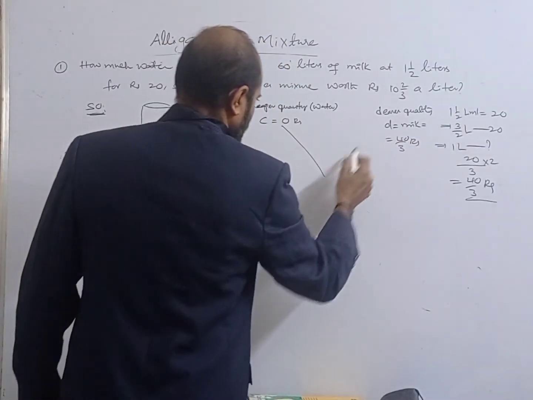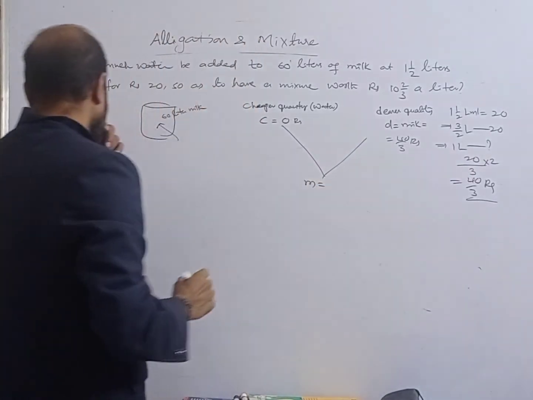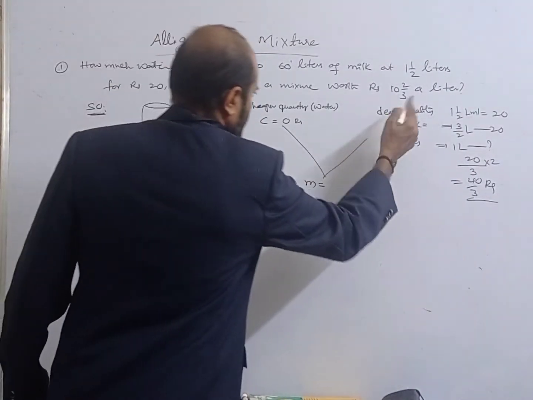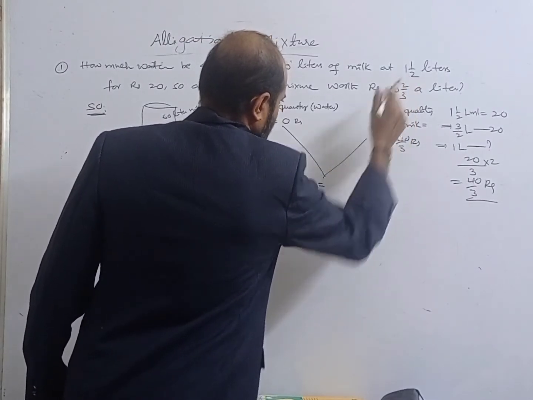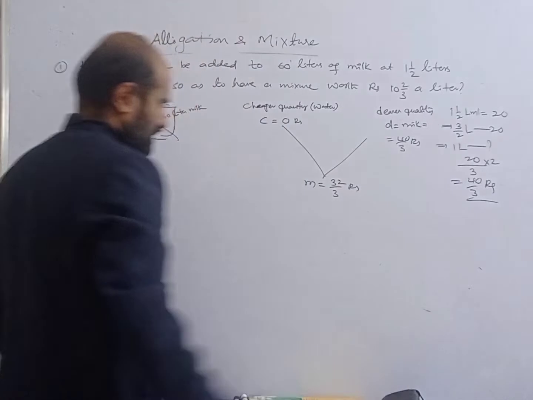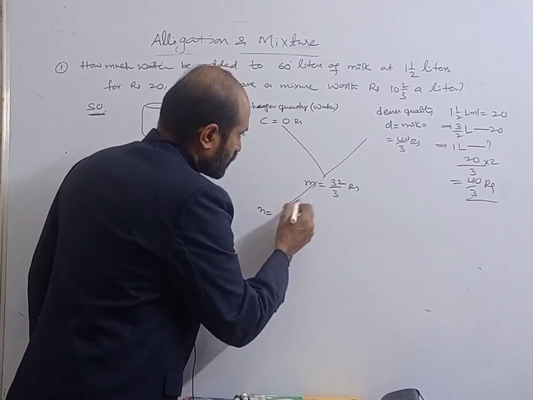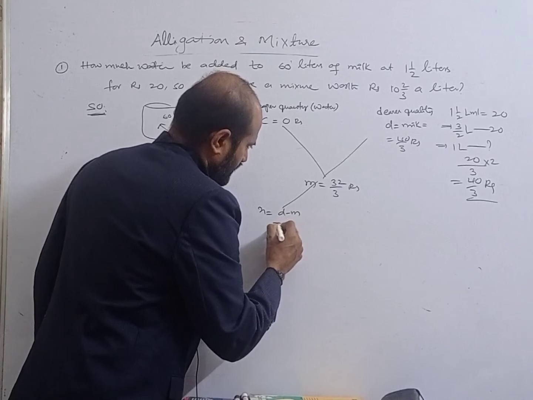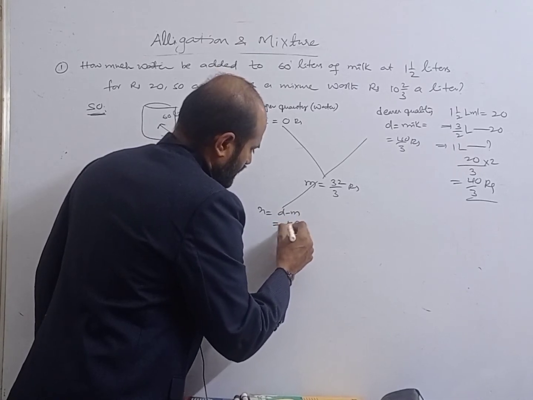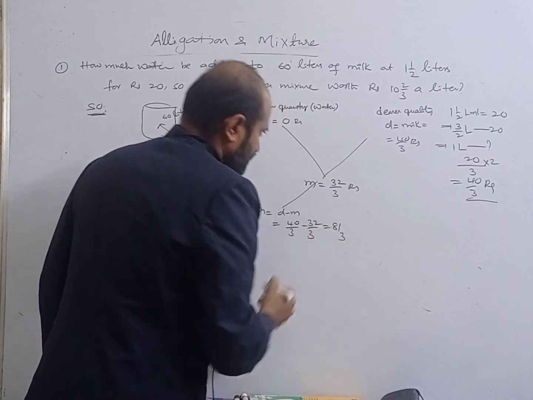If I mix these two, what is the required mean price? The required mean price is 10 2/3, that is 32 by 3 rupees. According to the formula, x equals d minus m, that is 40 by 3 minus 32 by 3, which equals 8 by 3.